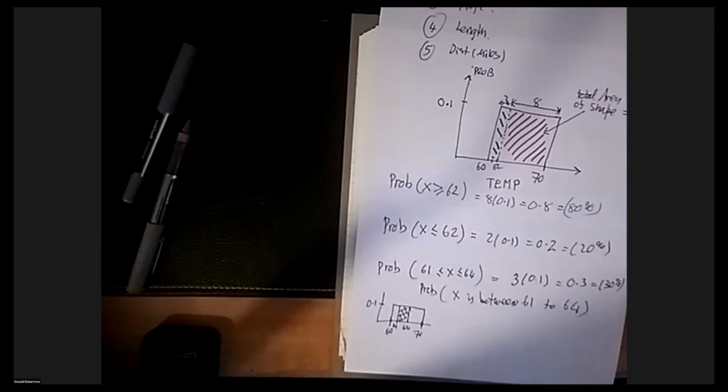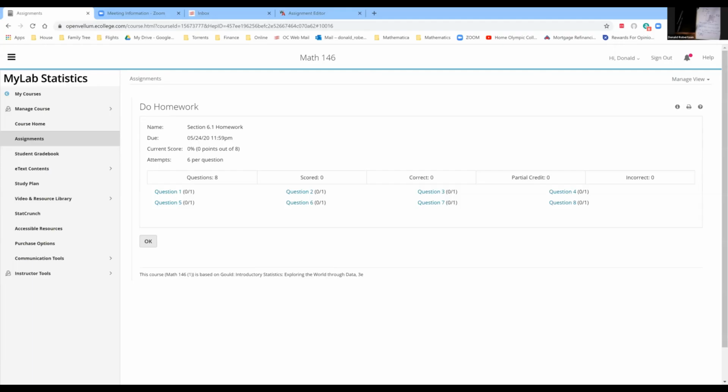What I'm going to do now, since we've got about 6 or so minutes to go, is look at what the homework questions look like, because sometimes they ask a question in a way that's maybe not clear. You'd know the answer if they'd ask it in a better way, but they don't always do that. Can you see the 146 stuff that I'm showing? Yes, sir.